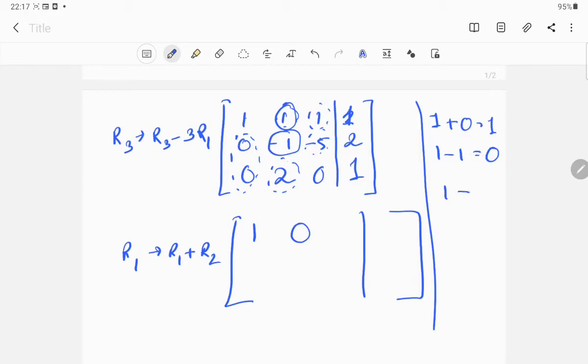Then 1 plus minus 5, so it will be minus 4. Then for this, 1 plus 2 equals 3. So all done.